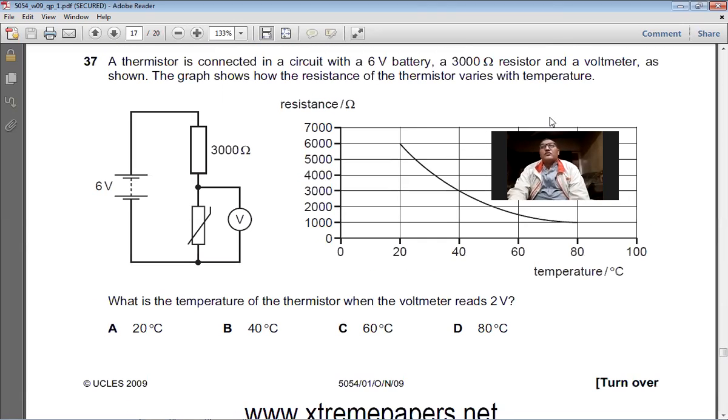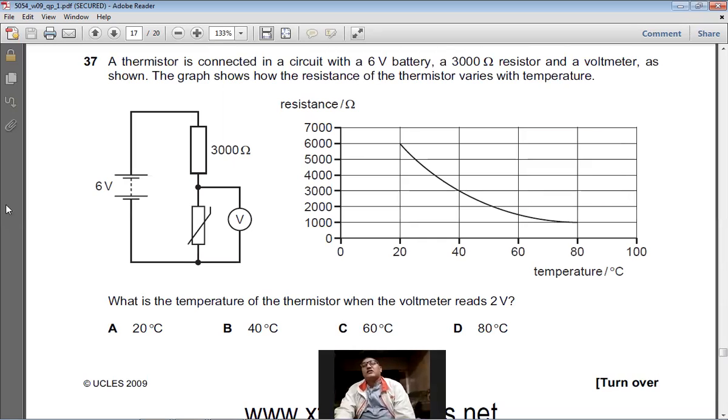Okay, so we have the next question, and that is question number 37. A thermistor is connected in a circuit with a 6-volt battery, a 300 ohm resistor, a 3000 ohm resistor, and a voltmeter as shown. The graph shows how the resistance of the thermistor varies with the temperature.